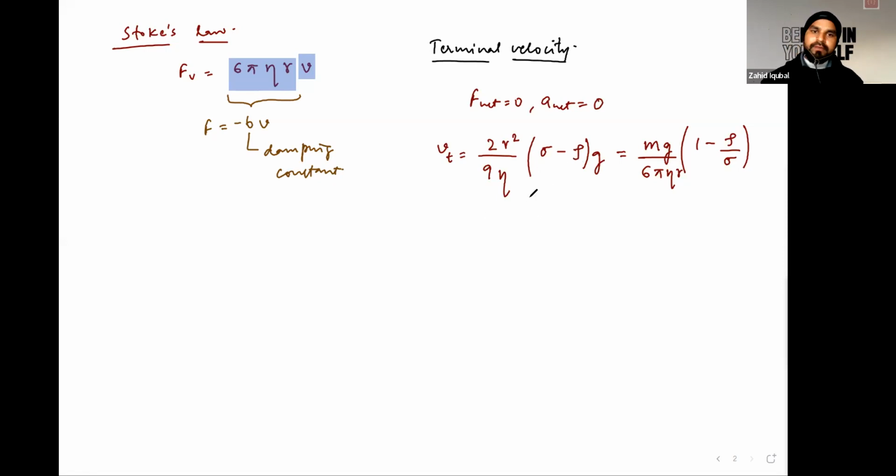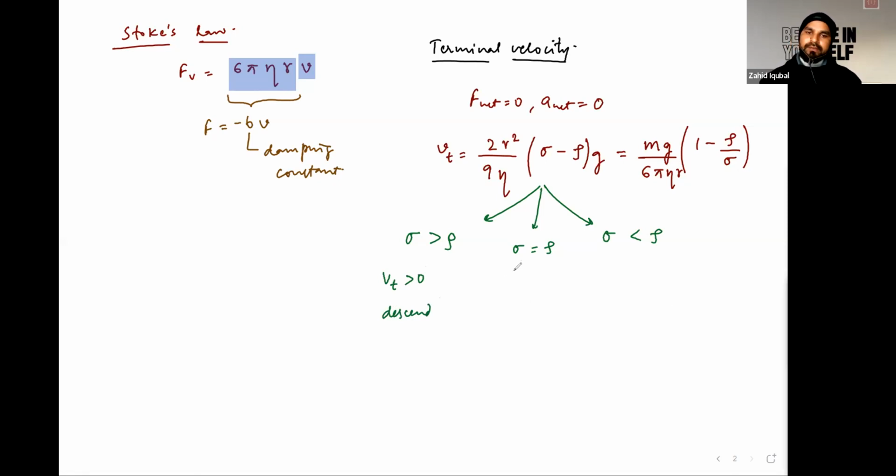From this relation, we can say, according to the density of the medium and the density of the object, we may have 3 different cases. First, if sigma is greater than rho, if sigma is equal to rho, and if sigma is less than rho. In the first case, if the density of the object is greater than the density of the medium, terminal velocity will be positive. It means it will be going downward, that is, it will be descending.